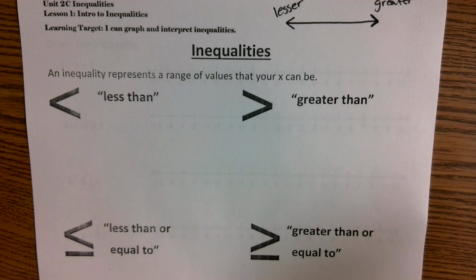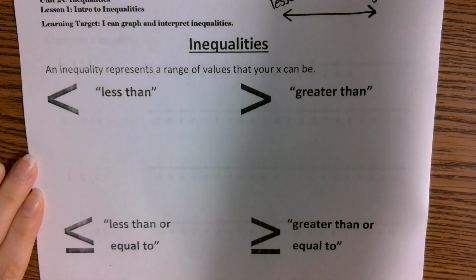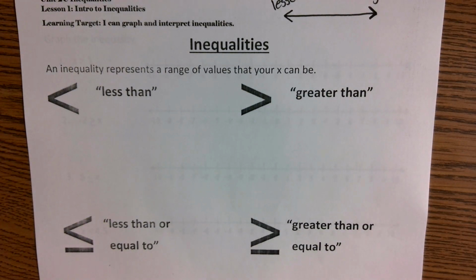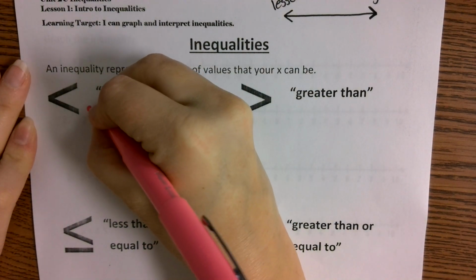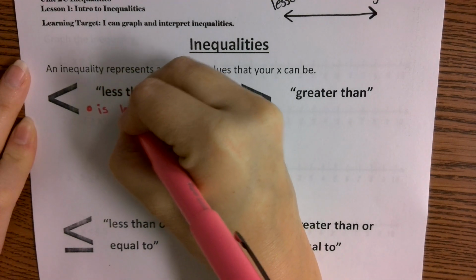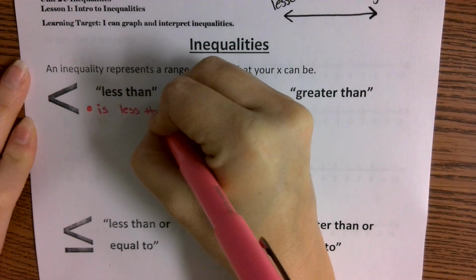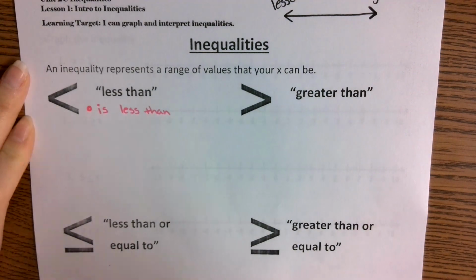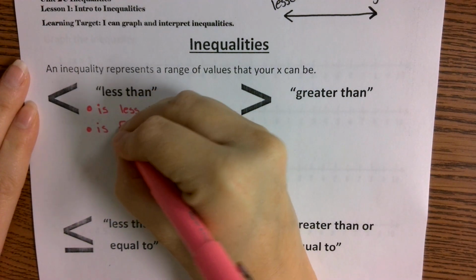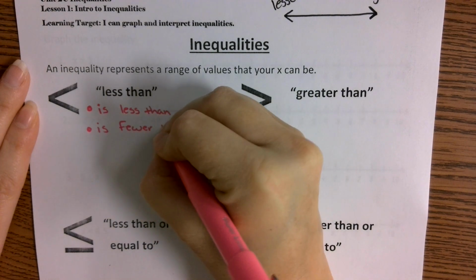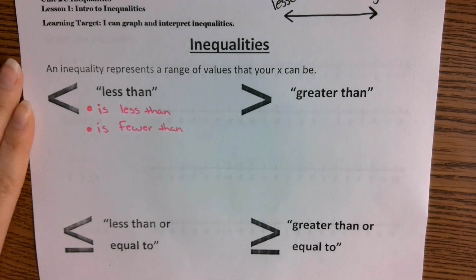All right, so let me give you phrases that represent less than. If you see "is less than," that's an obvious use of a less than symbol. But you might see the phrase "is fewer than." That also will represent the less than symbol.